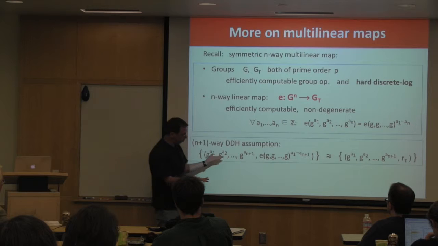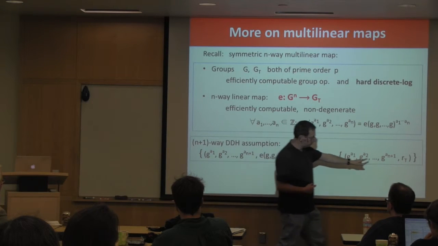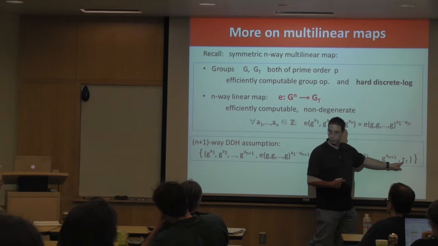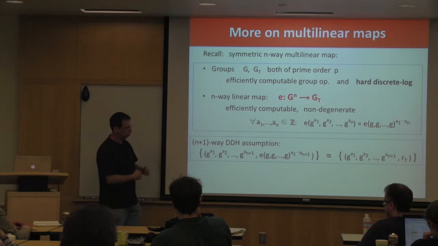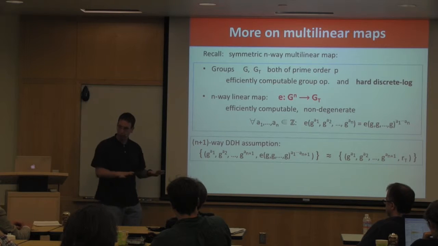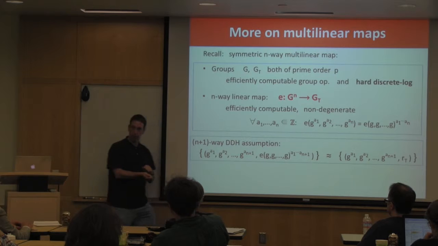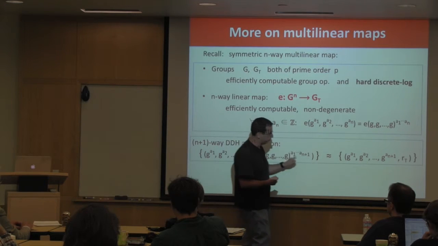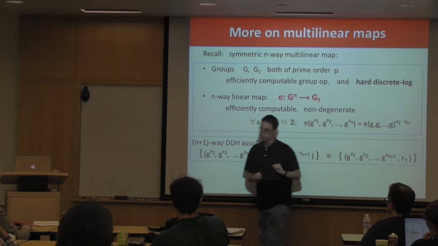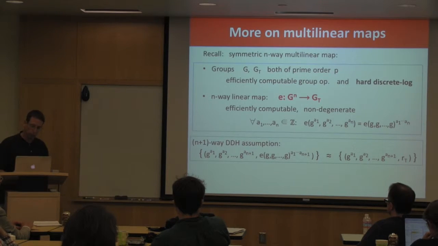But since you don't, not only can you not compute it, you can't even distinguish it from a random element. That's the decision Diffie-Hellman problem in the context of multilinear maps. You can compute a product of n elements, but you cannot compute a product of n plus one elements, and you can't even distinguish it from a random element. It's a standard assumption that we make on these groups.